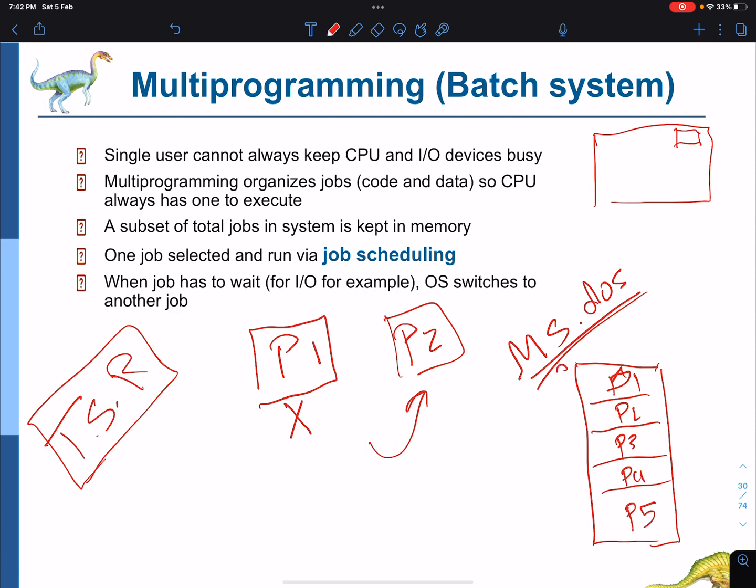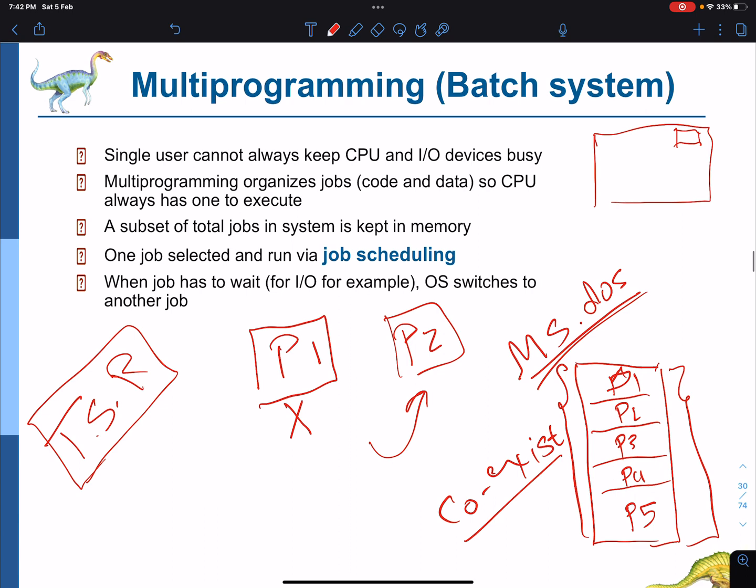They literally coexist in memory at the same time. Which one would run first and so on? This is a scheduling problem that we will talk about intensively later. But for now, we need to know that multi-programming means loading more than one program in memory.